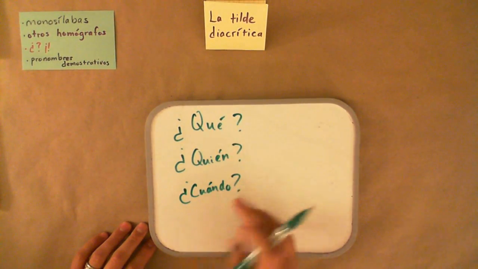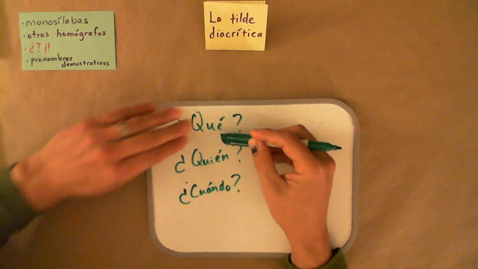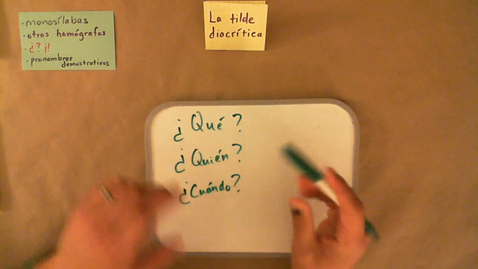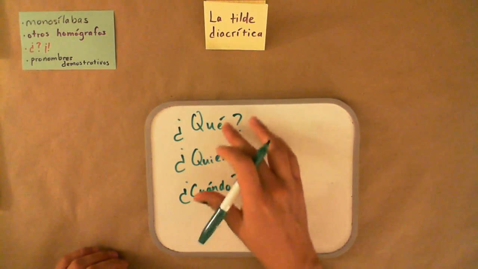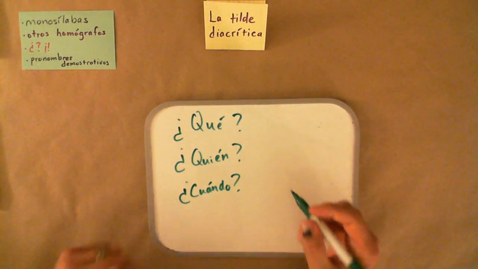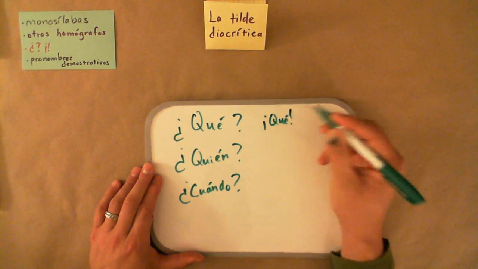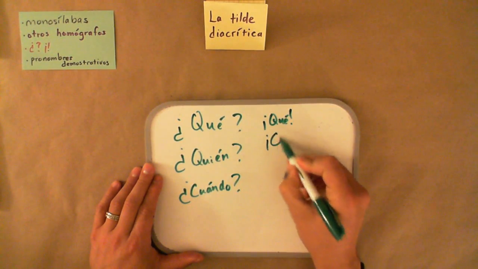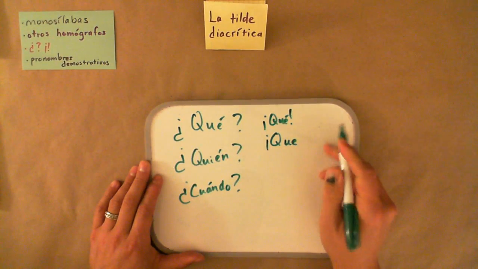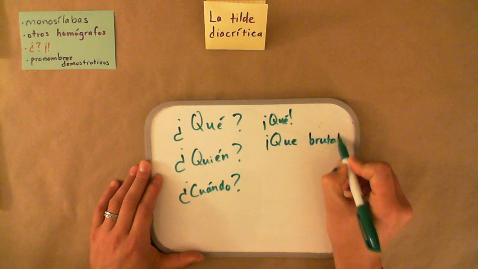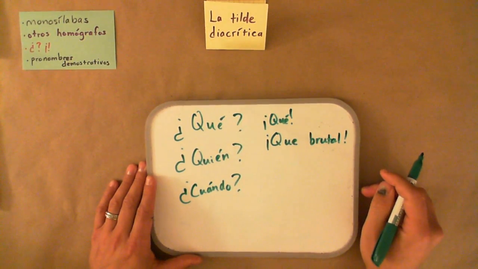You always put it, and keep in mind the spelling rules. We couldn't put it on the u because the u has no sound, and we couldn't put it on the e because that is a weak vowel. So qué, quién, cuándo. Likewise, if it is an exclamation, qué. For example, if you want to say that's sick, you would say, ¡qué brutal! This kind of thing.